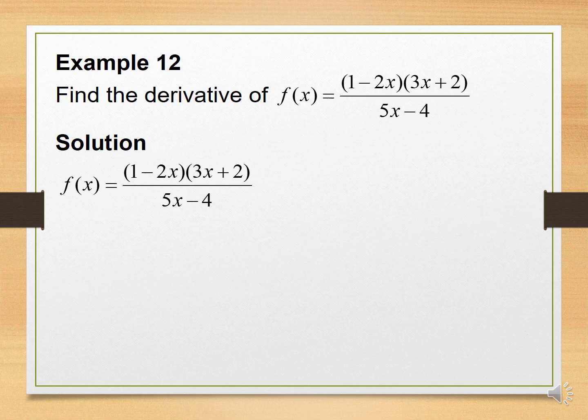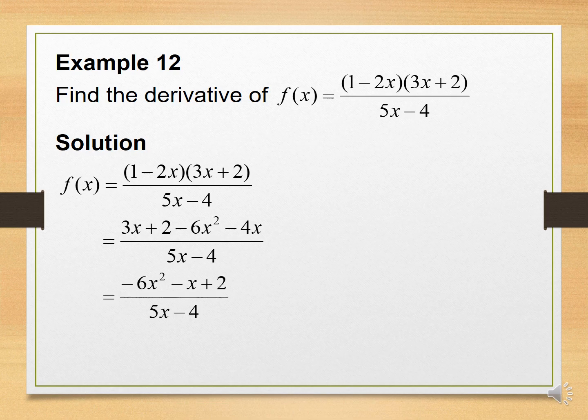Before we differentiate, it's advisable to expand first. So we get the expansion 3x plus 2 minus 6x squared minus 4x, divided by 5x minus 4. Simplifying it, we get negative 6x squared minus x plus 2 over 5x minus 4.